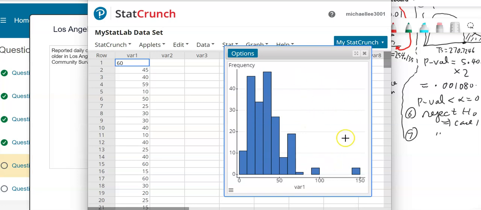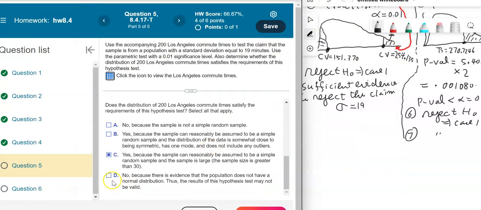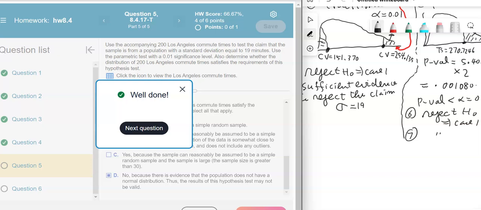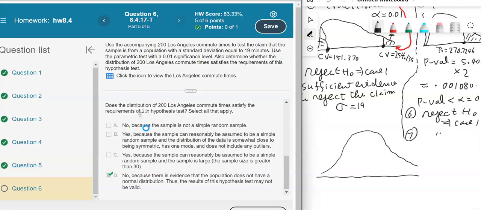This doesn't look like a normal distribution. Do you see that? You have one outlier, 141 there. So it has to be a normal distribution population. So I think it is no, not that one. No, because there is evidence the population does not have a normal distribution. In other words, when you draw a histogram, it should be approximately normal, but it's not. Okay, all right. Go to the next question.